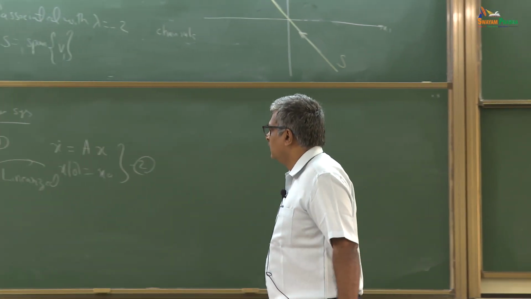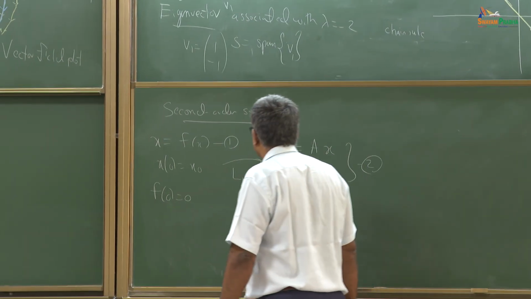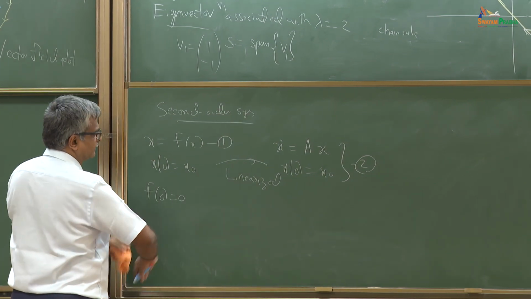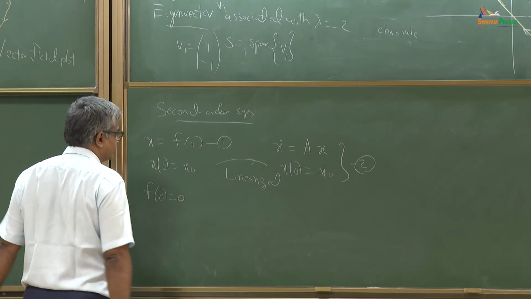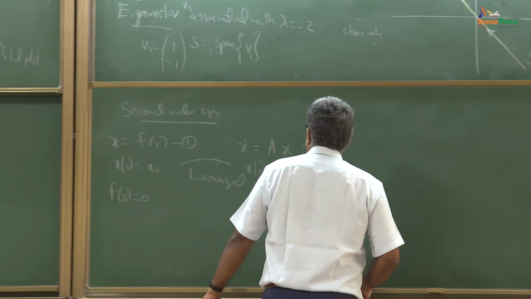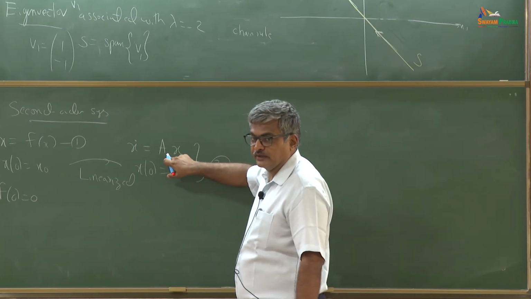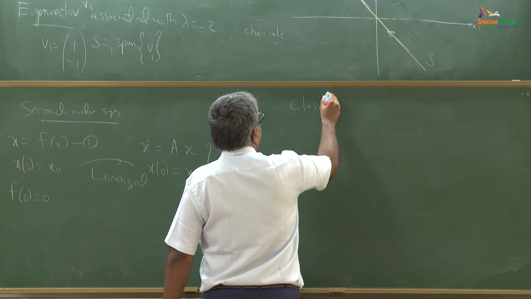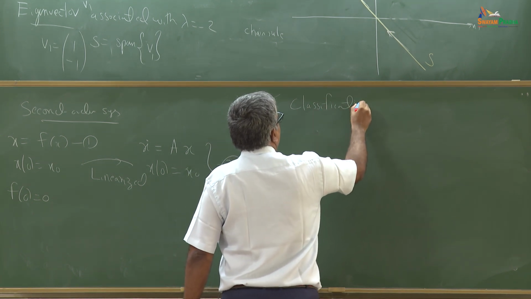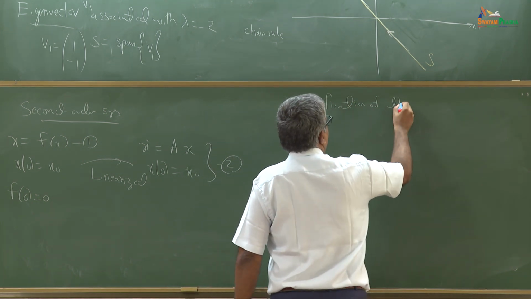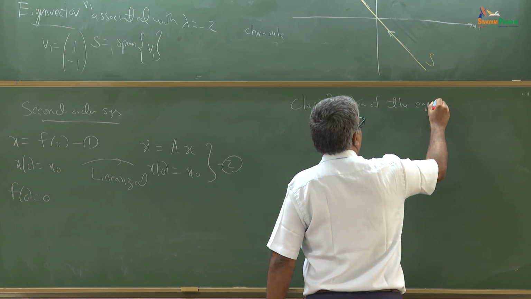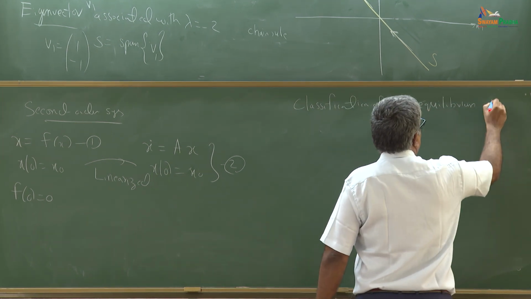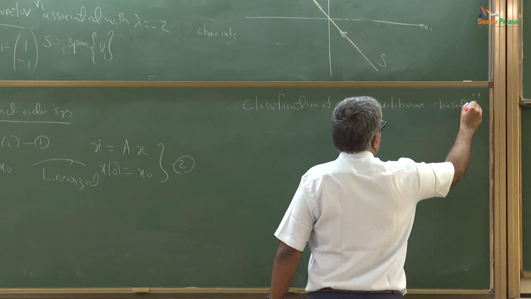Okay, right now, we have several cases, right? I will simply put it into 3 main classes. And what are those? Based on the eigenvalues of A, right? So I will do some classification of the equilibrium point about which we have done the linearization, based on eigenvalues.